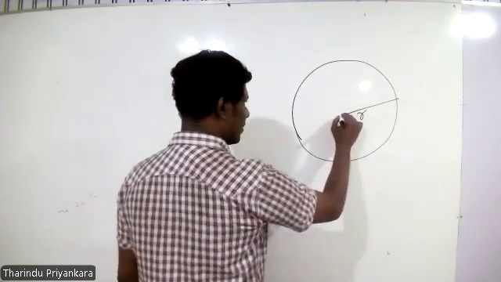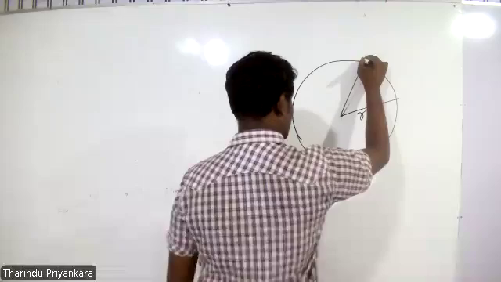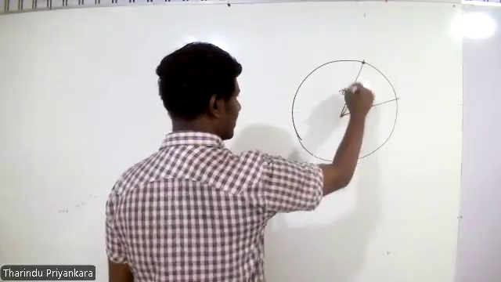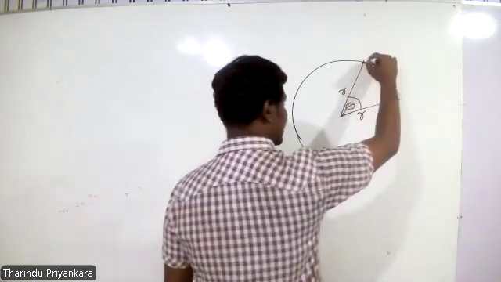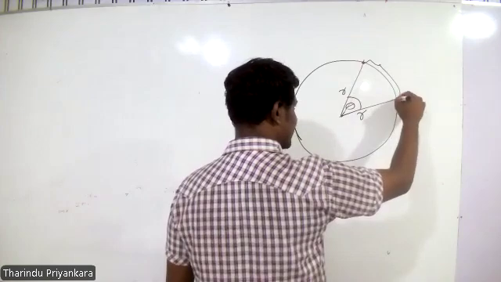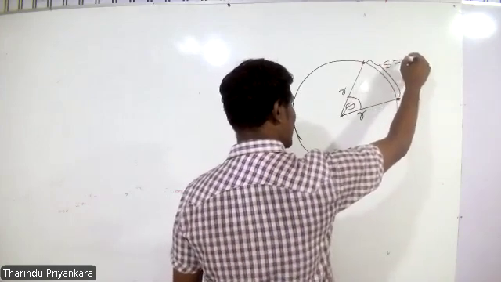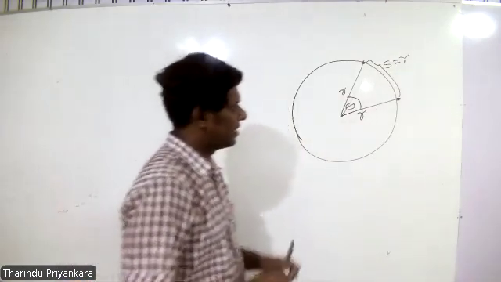The angle theta. I started from here. I mark a certain distance R equal to the distance of the radius.